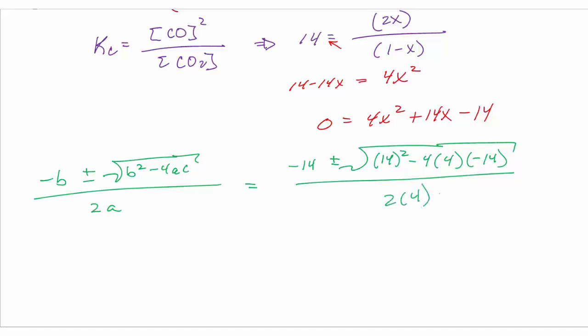Okay? What is that going to be? 14 squared minus 4 times 4 times negative 14 equals the square root of 20.5.